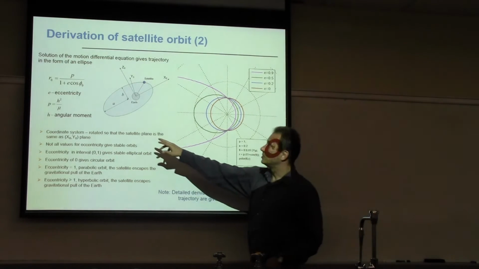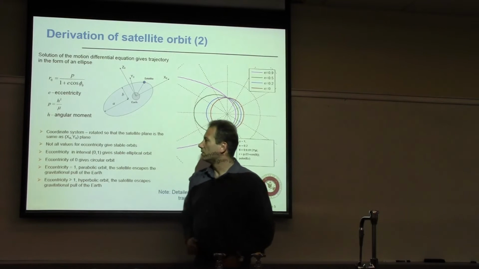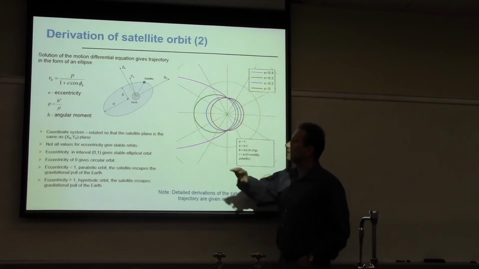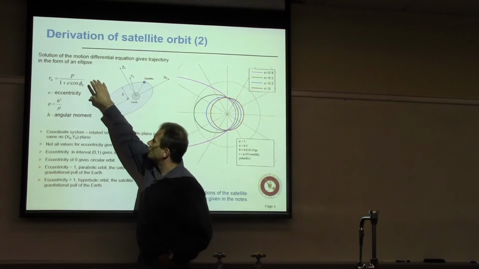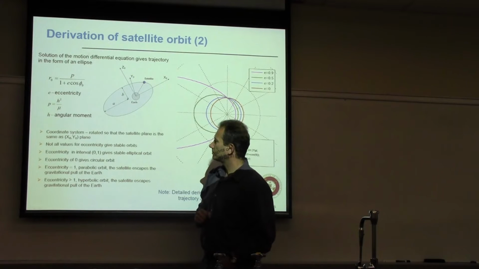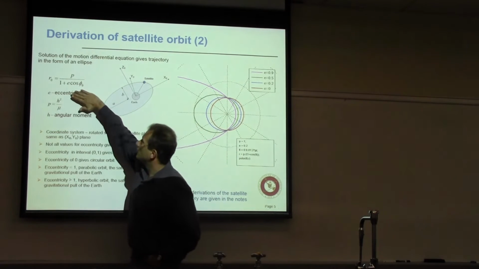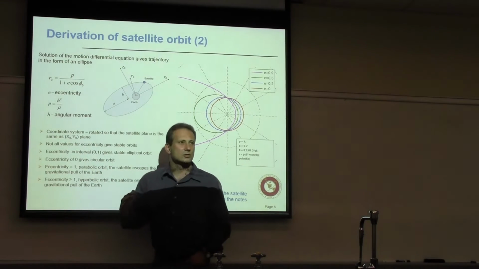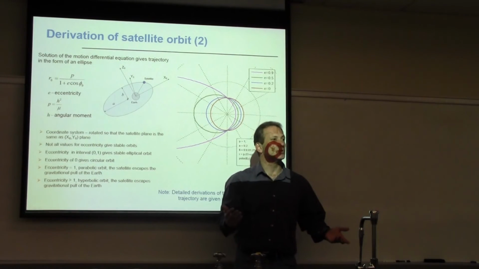We're going to later find a way to calculate e, but we start from this general solution. So this is what r is going to be as a function of phi. If e is equal to 0, you can see that this whole term goes away, and your radius is constant. So this corresponds to a circular orbit.